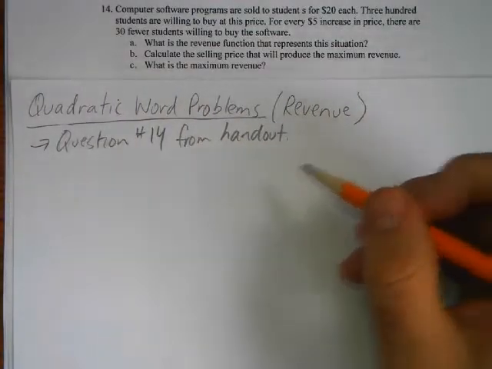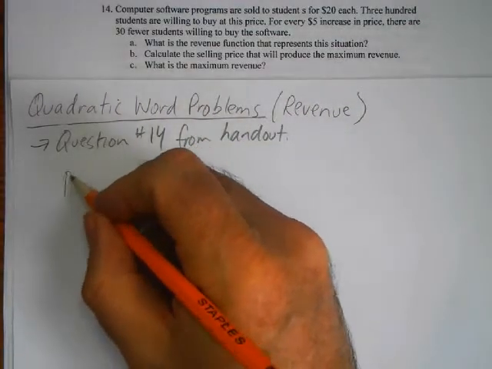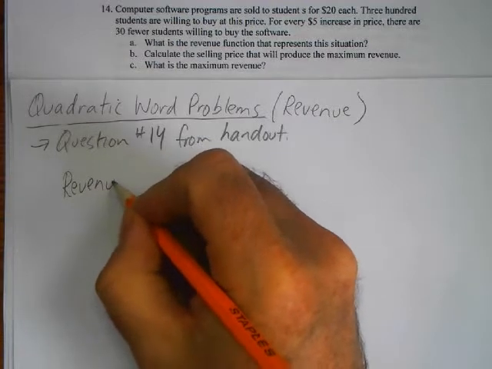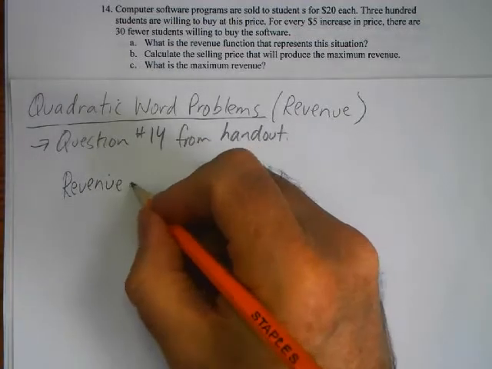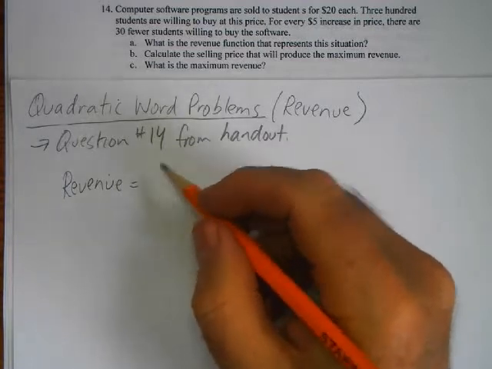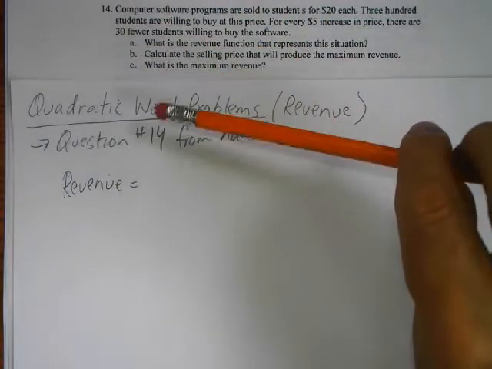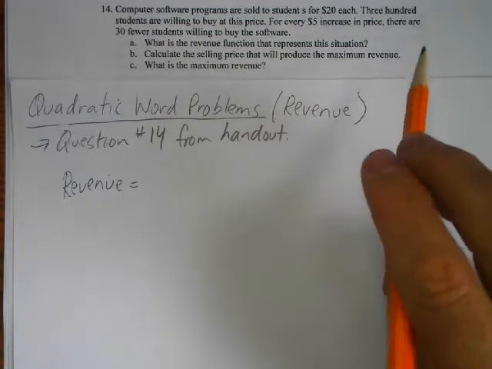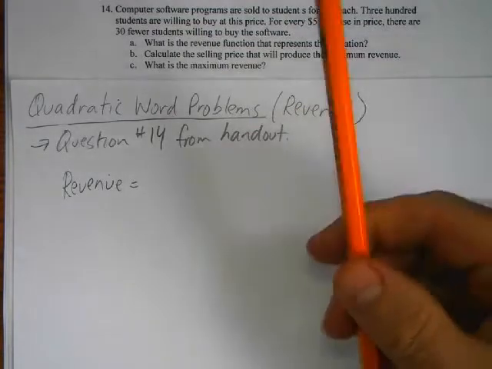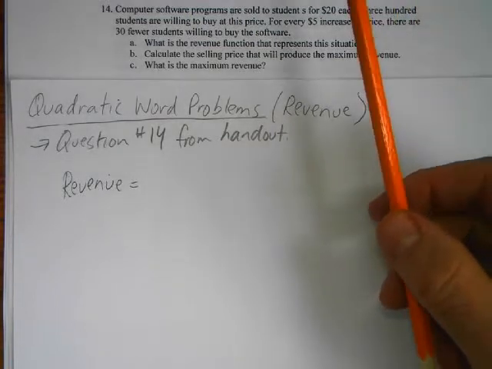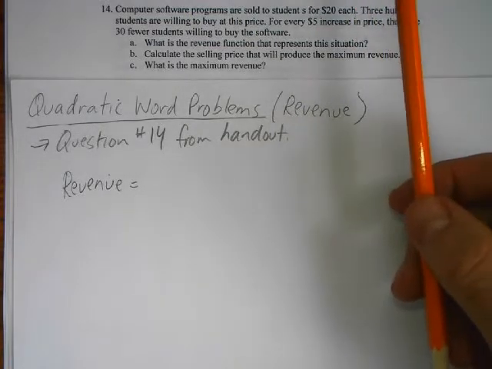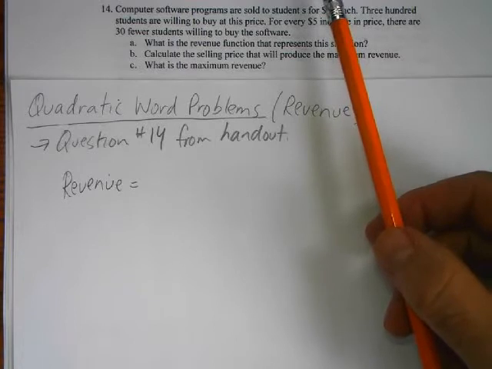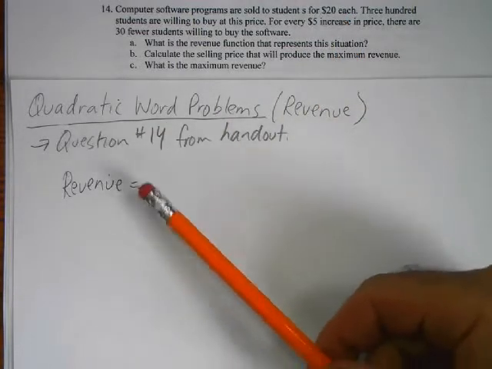So first thing we want to talk about is revenue, because this is a different type of animal question here. You have to understand the concept of revenue. So say I'm selling pencils, okay, and that's all I'm selling. So my revenue, if I'm selling pencils, will be the price I'm charging for one pencil times the number of pencils I'm selling. So that's basically revenue is the money coming in.